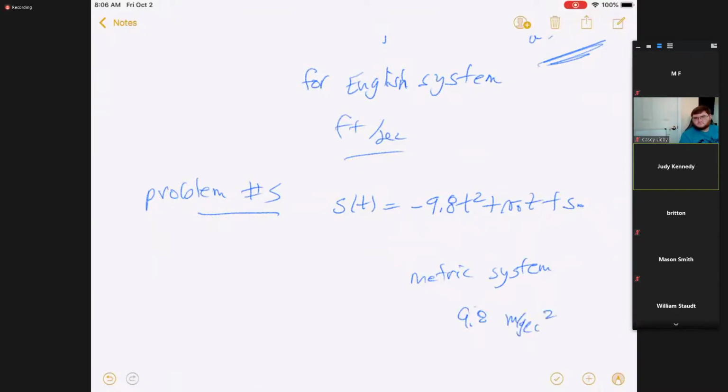So, in fact, that should not be 9.8. It should be minus 4.9. So make that change. S of t is minus 4.9 t squared plus v0t plus s0 for problem number 5.